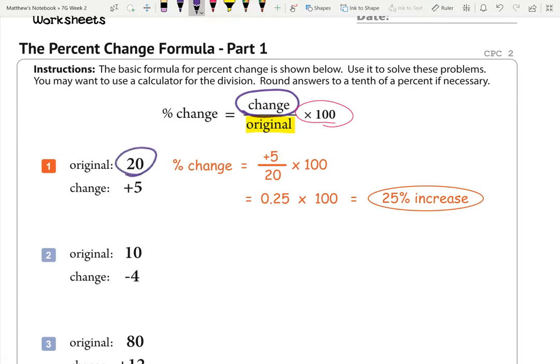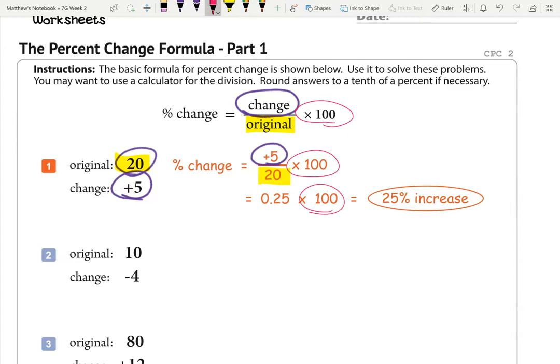If we start at $20 and then we add $5 to something, it's going to be our change of $5 here up on top. We have our original cost of $20, and then we have that 100 that we're multiplying by.